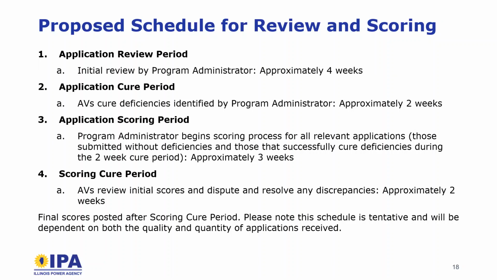From a risk management perspective, we have several tiers of issues and pathways for how we're going to address that. If there is a major bug or some sort of outage that affects all of Illinois, we will be communicating with AVs, and we'll make sure that everyone has an equitable pathway to submitting an application. So hopefully that helps to answer that question.